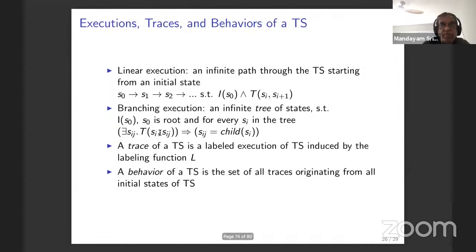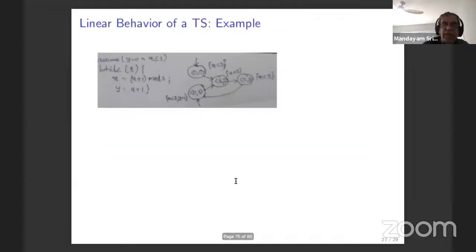And a behavior of a transition system is the set of all traces originating from all initial states of TS. Okay, so that is a set. So this is from individual execution. An individual trace is something starting from a particular state, and the behavior is the set of all traces that originate from any possible initial states.